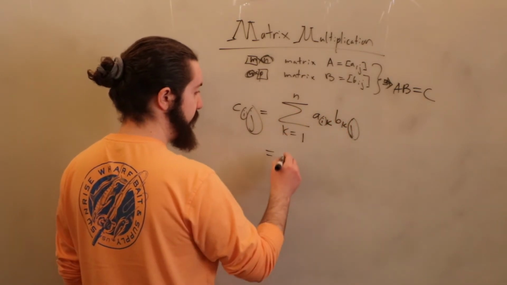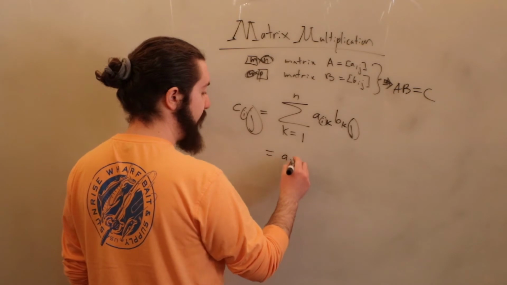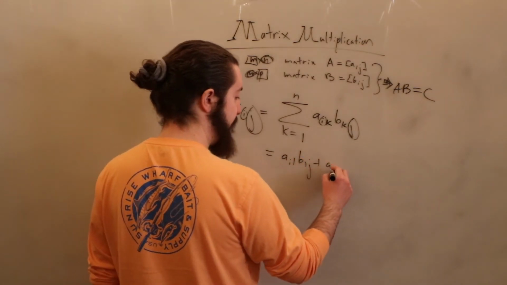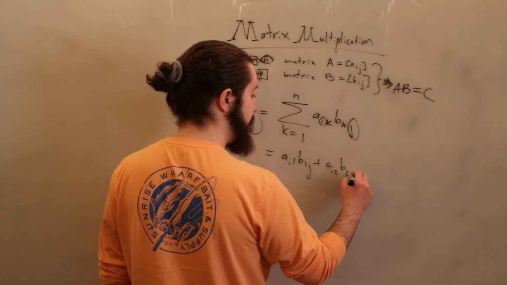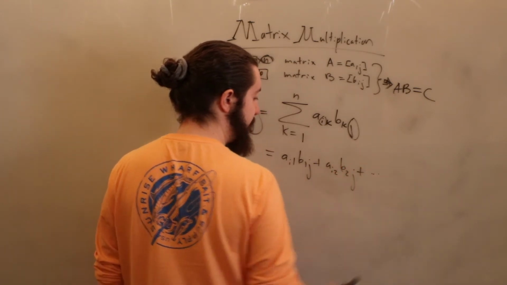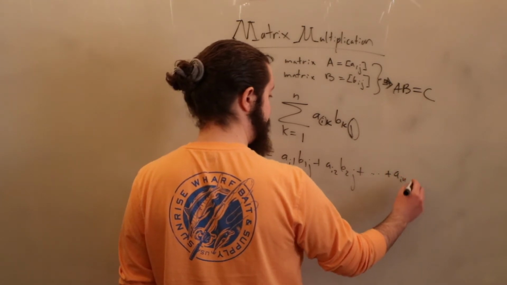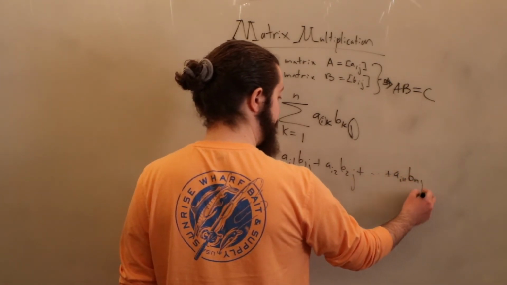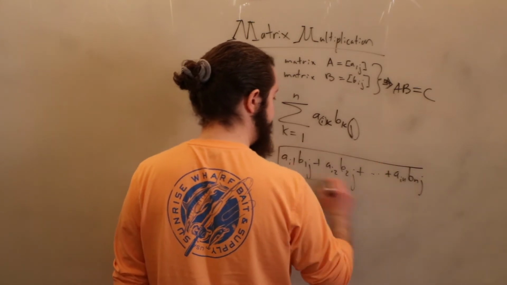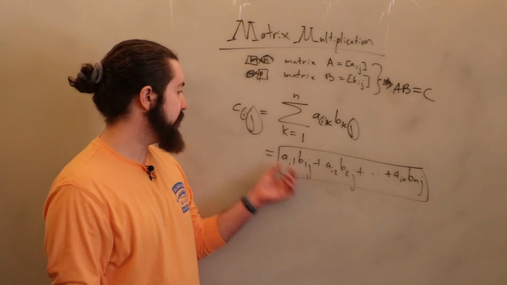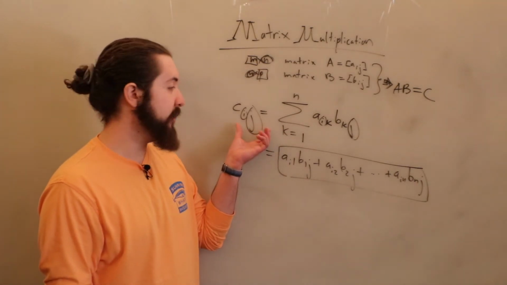So this is going to be equal to a sub i1 b sub 1j plus a sub i2 b sub 2j plus etc. all the way up to a sub in b sub nj. And this sum is going to be our entry c sub ij in our product matrix, right?